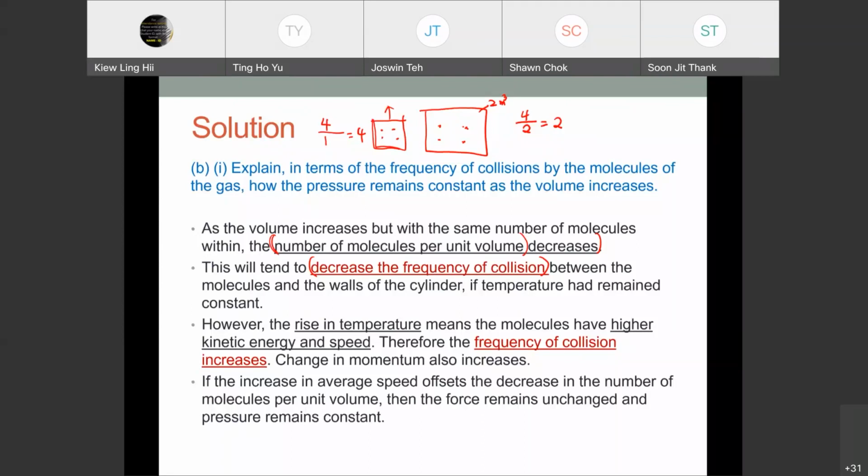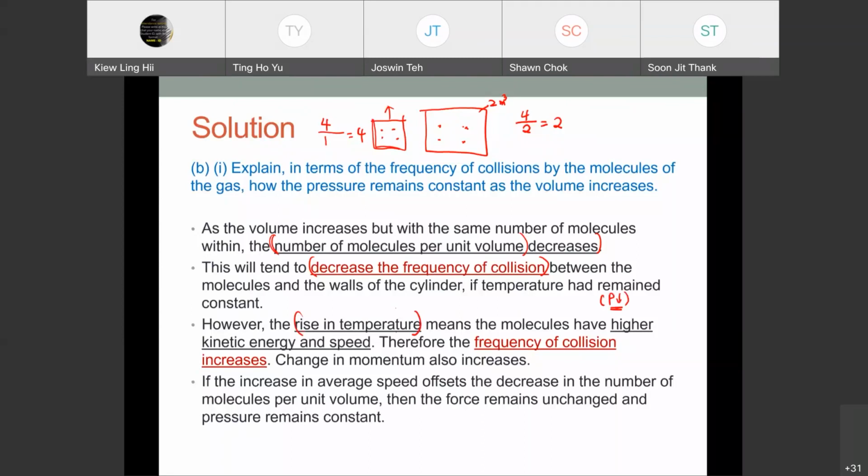So when that decreases, by right, your pressure should decrease as well, isn't it? However, in order to maintain the same pressure in your ideal gas, what should you do? There should be a rise in temperature. What happened?